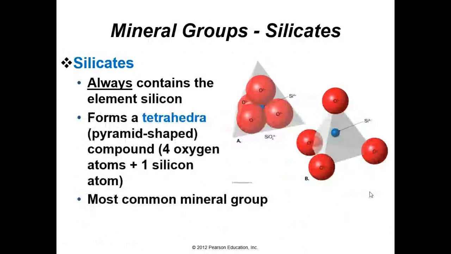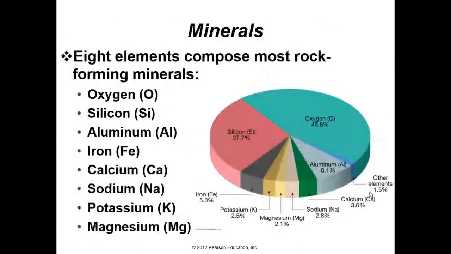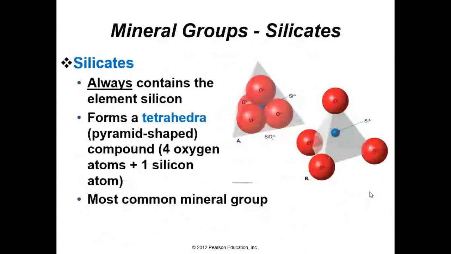All right, so let's start to break them apart into different groupings. First we have silicates. Again, silicates are the most common grouping because of silicon and oxygen being most of the building materials. These are made up of oxygen and silicon atoms bound together.